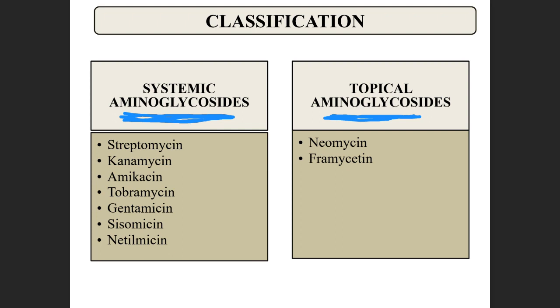The systemic aminoglycosides are streptomycin, kanamycin, amikacin, tobramycin, gentamicin, and others. Whereas the topically applied ones are neomycin, more commonly available in powder form and in some cases in cream or ointment, and others. These are the topical drugs which are used.